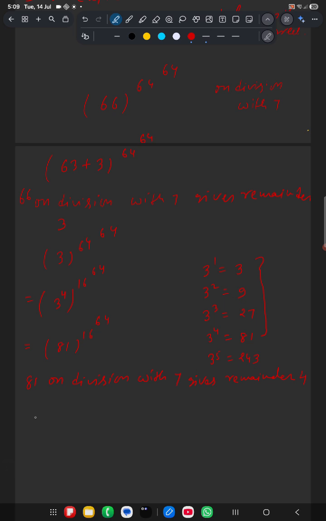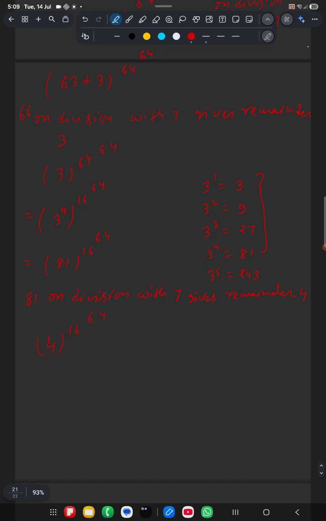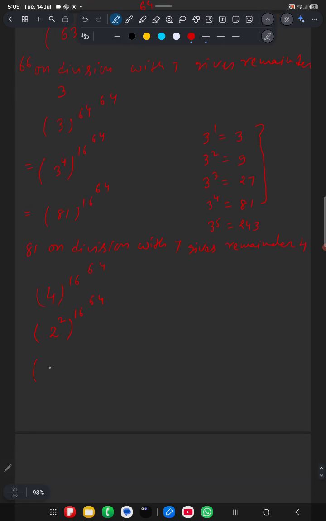So again you have to check 4 raised to the power 16 raised to the power 64. Again we check the cyclicity, or you can better check the cyclicity of 2, since 4 is 2 square. So you can write it as 2 raised to the power 16 to the 32, here 64.